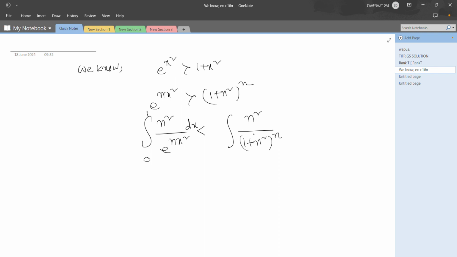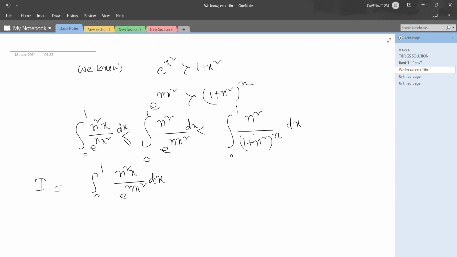Power n, 0 to 1 dx, right? And this is greater than the integral from 0 to n square x by e power n x square dx. Now take this integral 0 to 1 n square x by e power n x square dx.